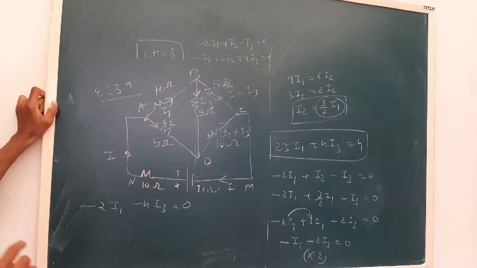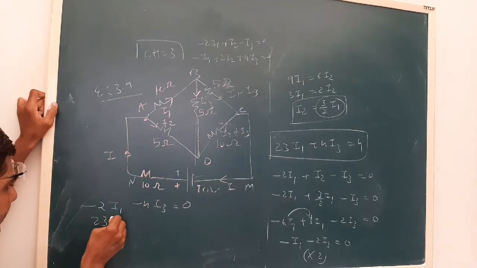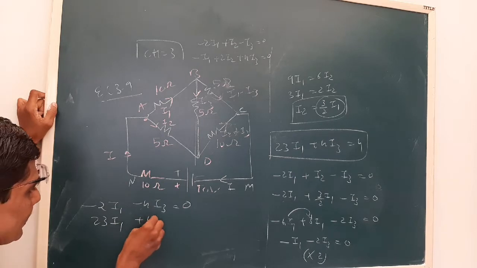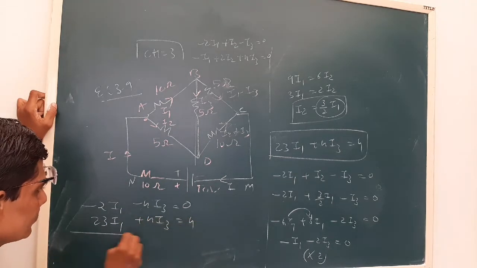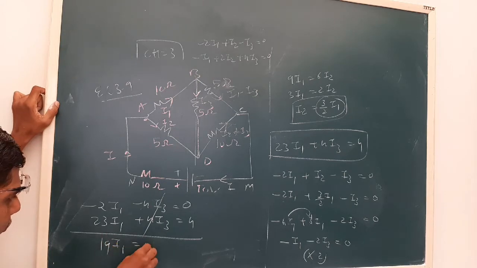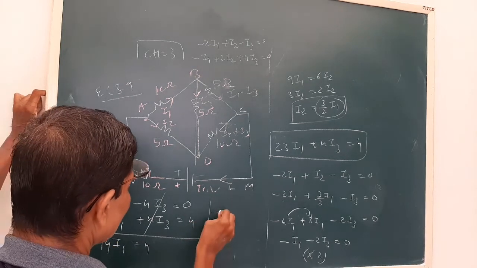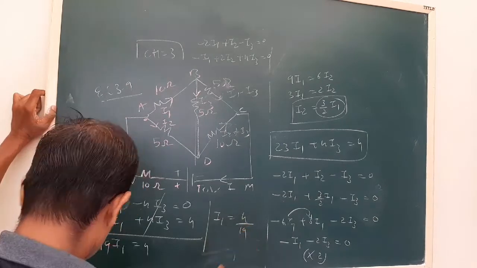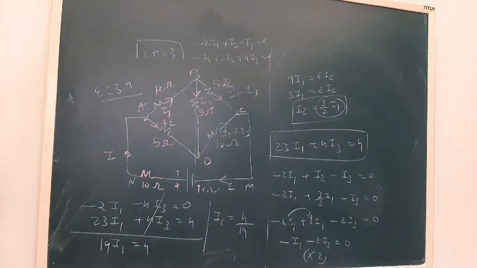Now adding 23I1 plus 4I3 is 4, that is 21I1 is 4. I1 is 4 upon 21.